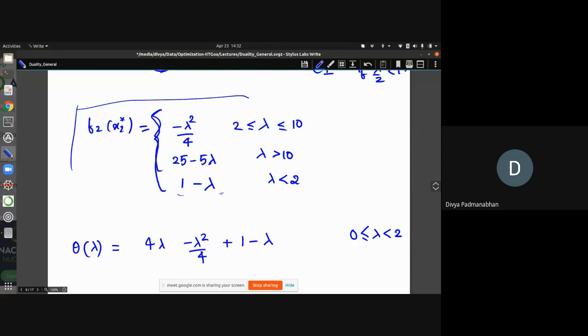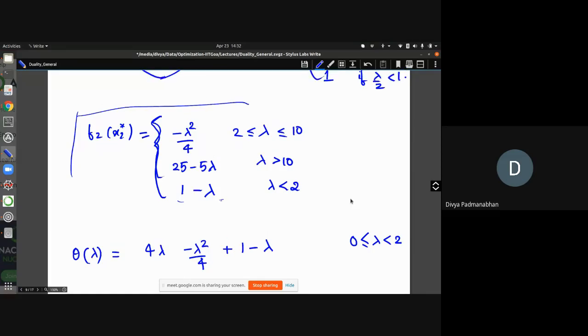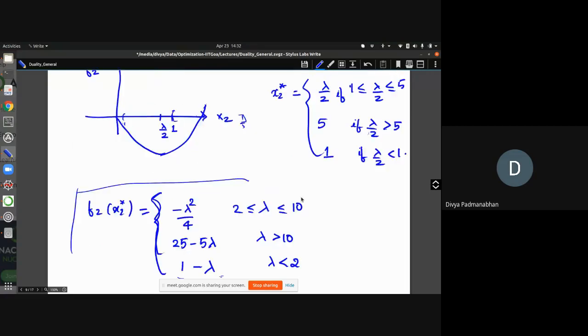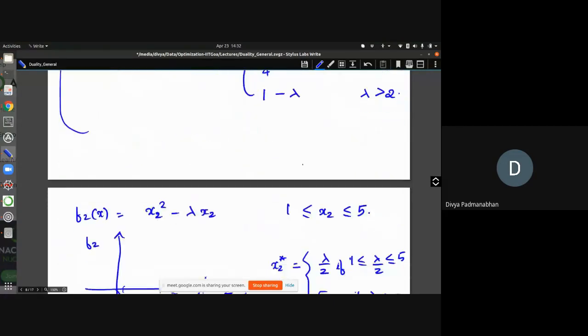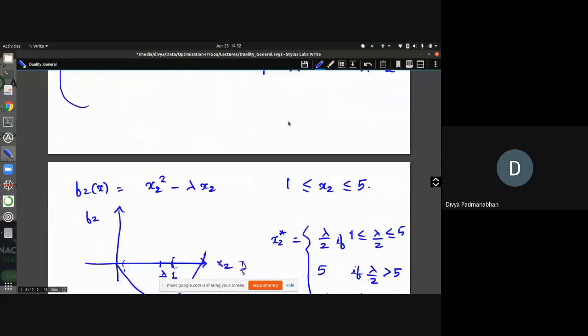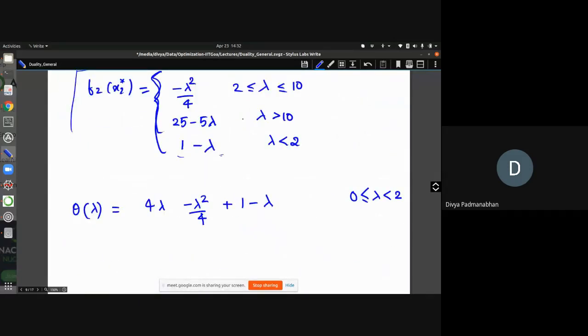Okay, so you will get a set of intervals, so one between 0 and 2. Now, above 2, the value is just 1 minus lambda, but here you need to distinguish again between 2 and 10. So let's take 2 less than or equal to lambda less than or equal to 10.